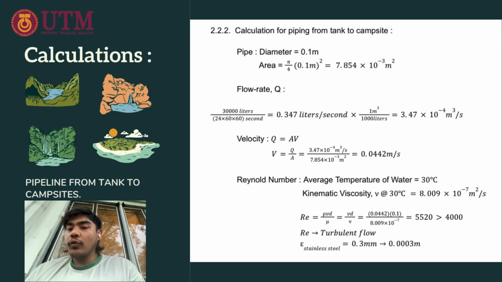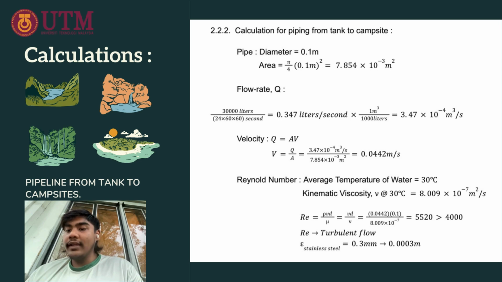Our flow rate, we set it to 30 liter per day for all the 3 campsites. So we estimate that one campsite gets 10 liter per day. So in total for 3 campsites, we got 30 liter per day. After we convert it into meter cube per second, we got 3.47 times 10 to the power of negative 4 meter cube per second.